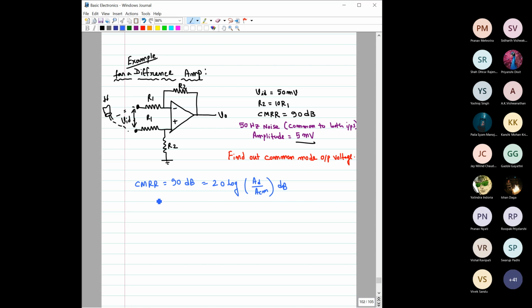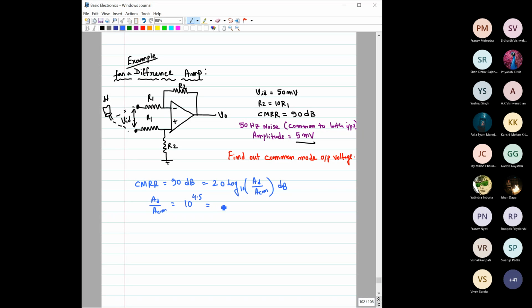So if we now equate these two and try to find AD by ACM, this would be equal to, log means base 10, so it is 10 to the power 90 by 20, it is 4.5. So 10 to the power 4.5 would be equal to AD by ACM.